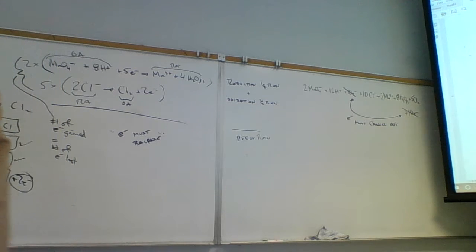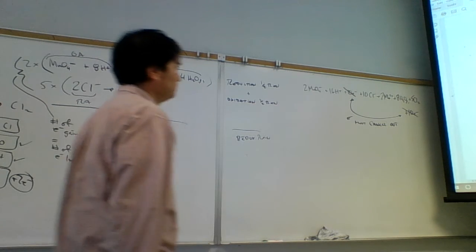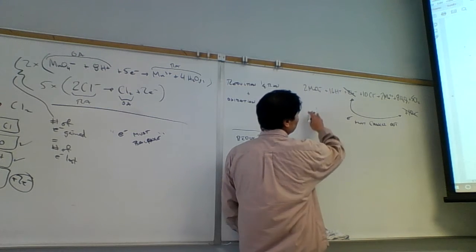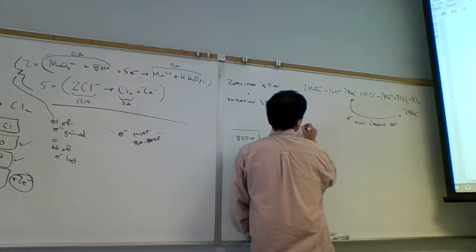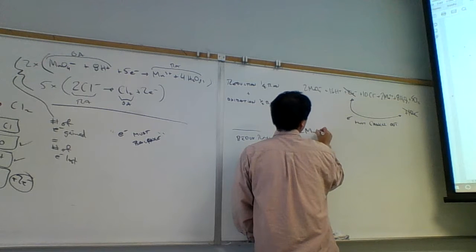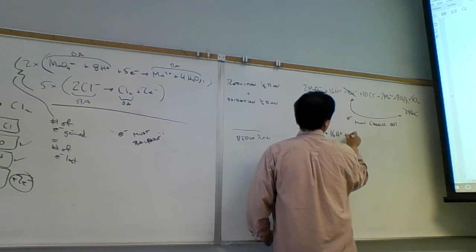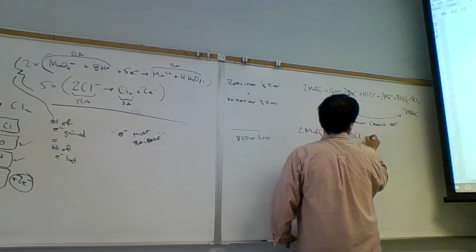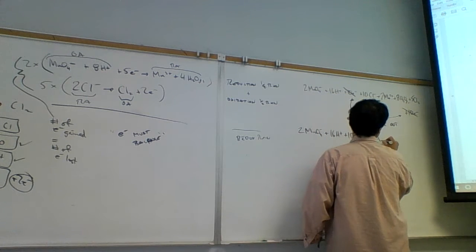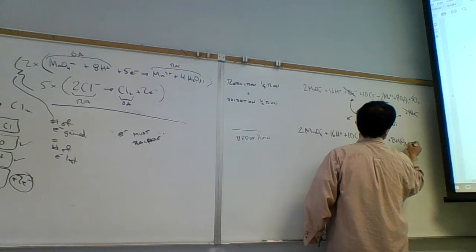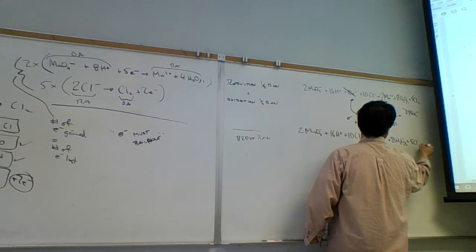They don't sell them in a bottle. So the electrons must cancel out, which they do here. And so let's simplify this, and we're going to end up with 2 permanganate plus 16 H+ plus 10 chlorides yields 2 manganese 2+ plus 8 H2O liquid plus 5 chlorine.